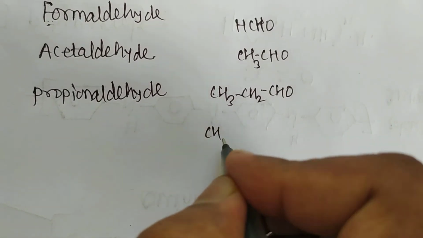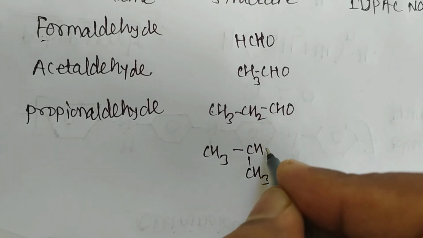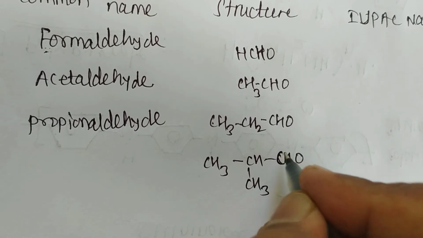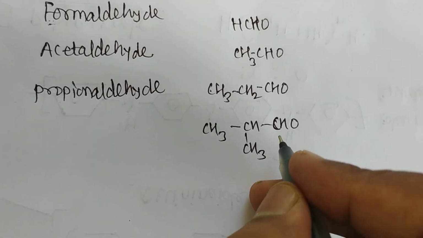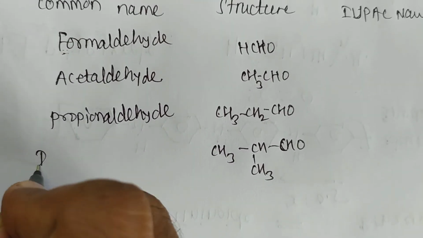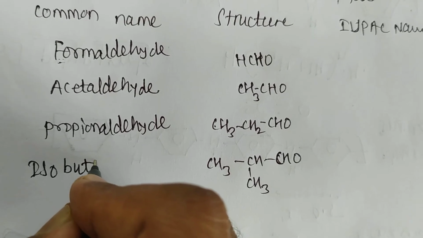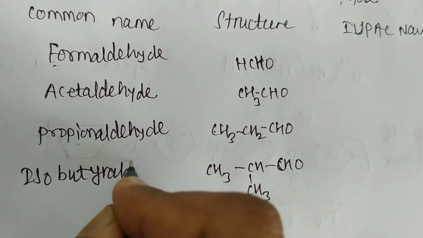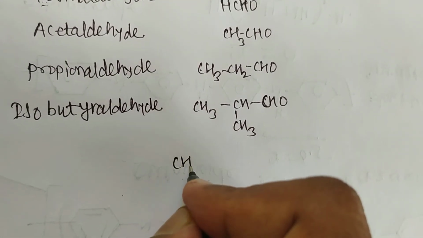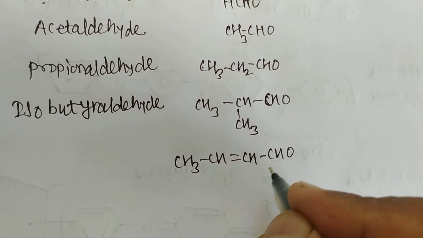Suppose CH3, CH3 and CHO. When this molecule undergoes oxidation, then we obtain isobutyric acid. Therefore, its name is isobutyraldehyde. Suppose this is an aldehydic molecule.